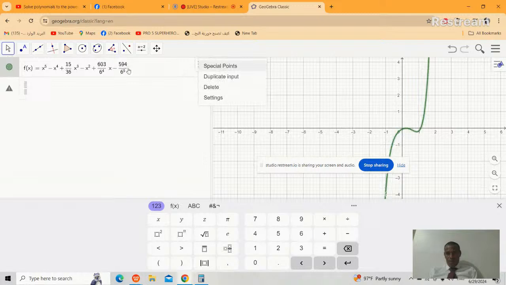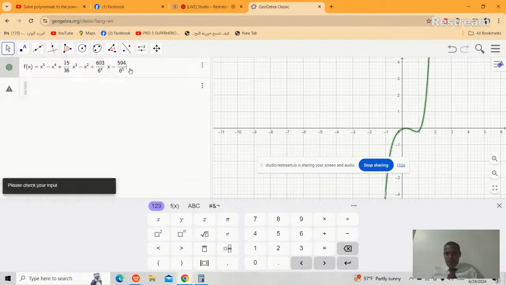I'll give you another chance. We told that equal 0. Solve. You see, no problem. I will copy this, Control C. So GeoGebra can't solve this kind of question.